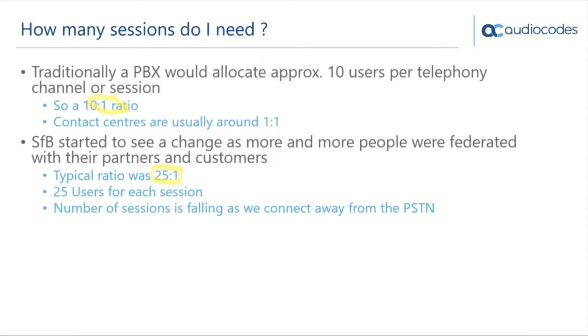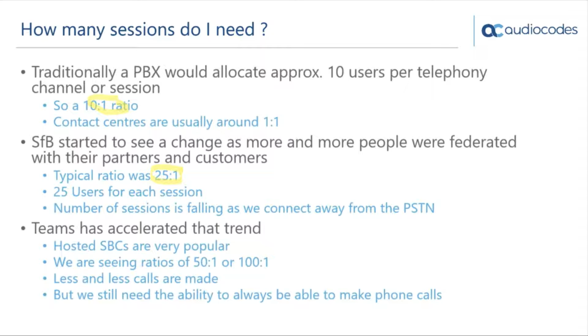So it's going down significantly. It's falling away as we stop using the PSTN more and more, essentially. And Teams, we found, has accelerated that trend because Teams has federation built in effectively. You don't have to choose to federate, it's just there. And hosted SBCs are very popular. We're seeing more and more Teams direct routing solutions out there, which means more and more people are talking to each other.